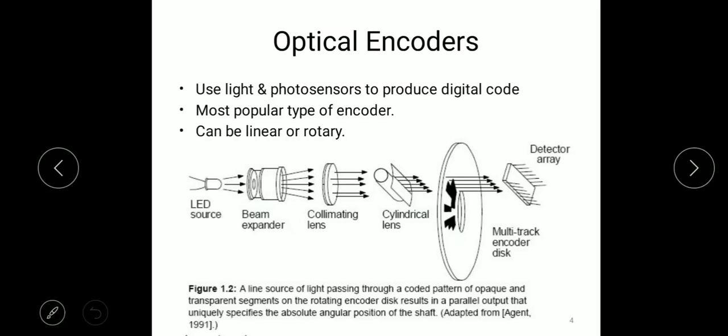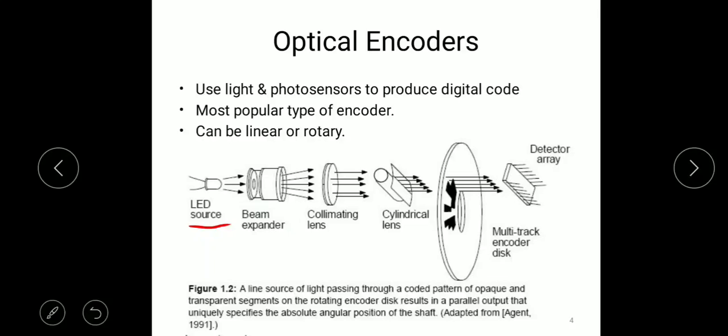How does it work? It utilizes a source of light and a beam expander, which expands the light. A collimating lens, a cylindrical lens, produces the collimated beam into a parallel path beam.